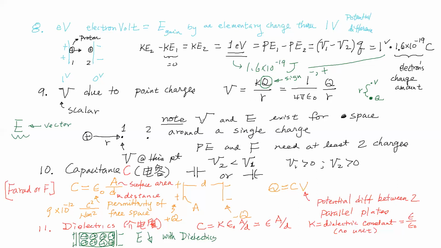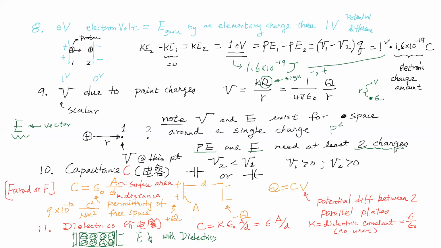All right, so just note that V and E exist for space around a single charge. So you don't need 2 charges. But PE and the electric force, you need to have 2 charges in order to have the concept of PE and the F, right?